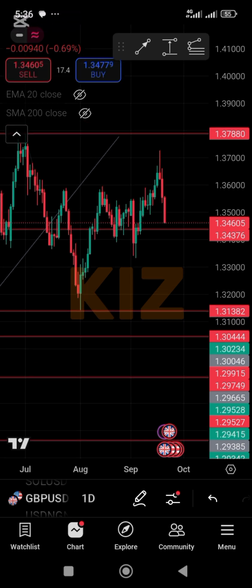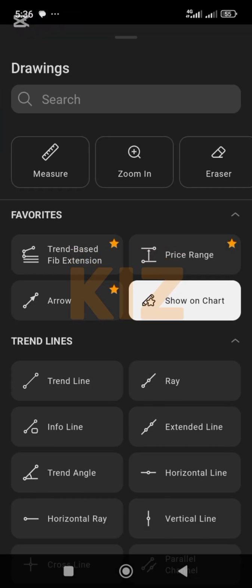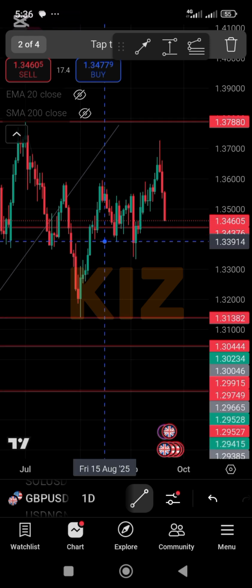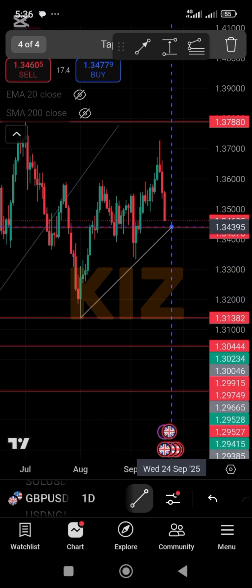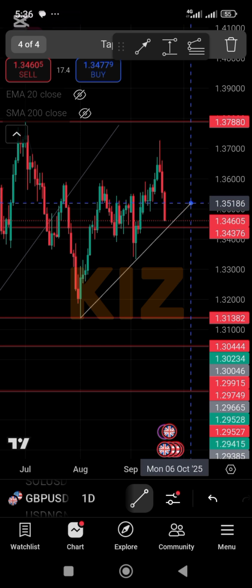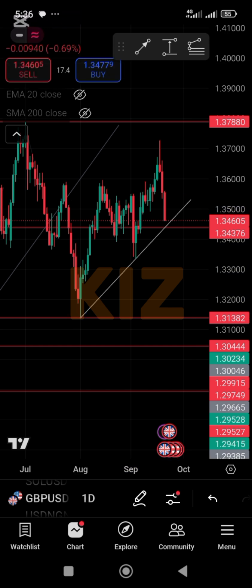So this will be a trend. Draw it from this wick here, up to touch this other wick of this candle. You can see, just like that.